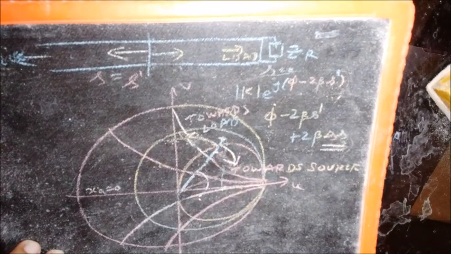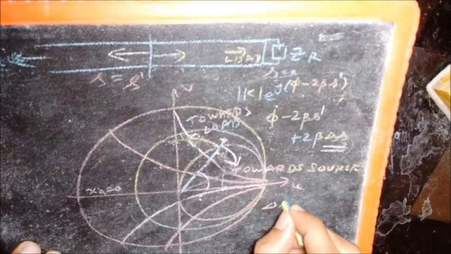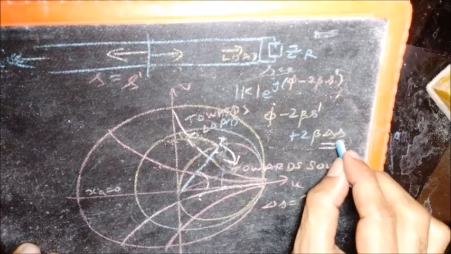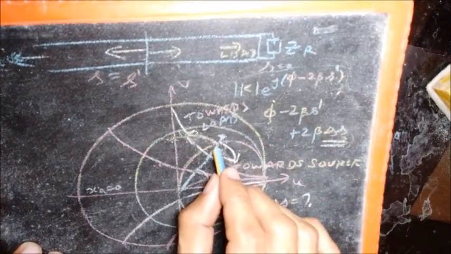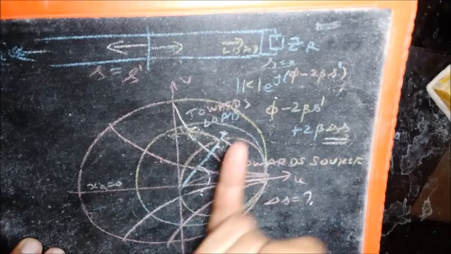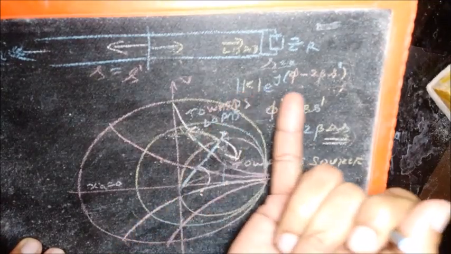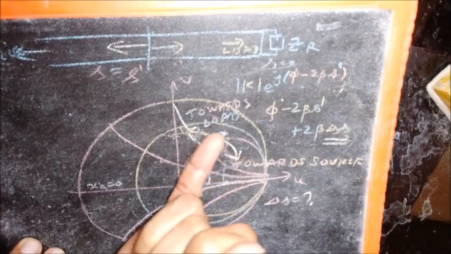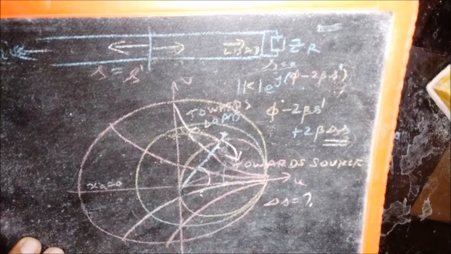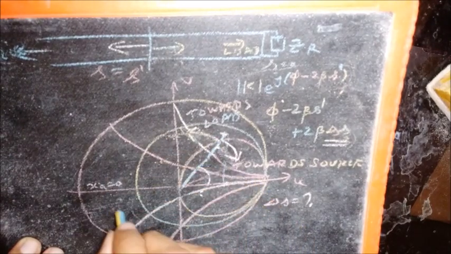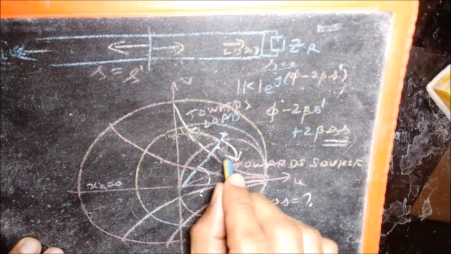What is that delta s? As you go in this direction, this entity starts to rotate in this direction. So what delta s makes it complete a full rotation and come back here?